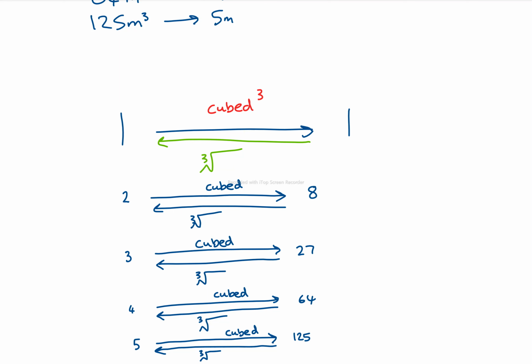I'm going to write it once more, and then we can stop this. 1 cubed is 1. 2 cubed is 8. 3 cubed is 27. 4 cubed is 64. 5 cubed is 125. So if I go that way, it's the cubed operation.